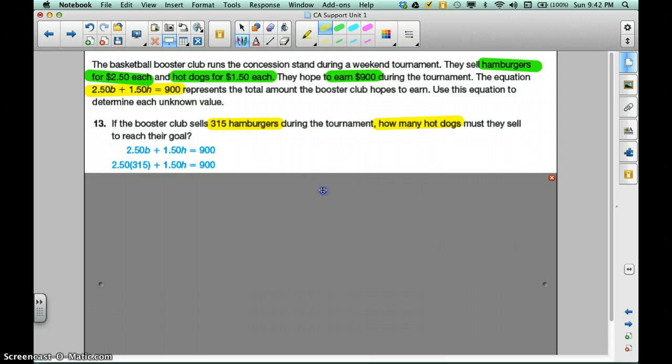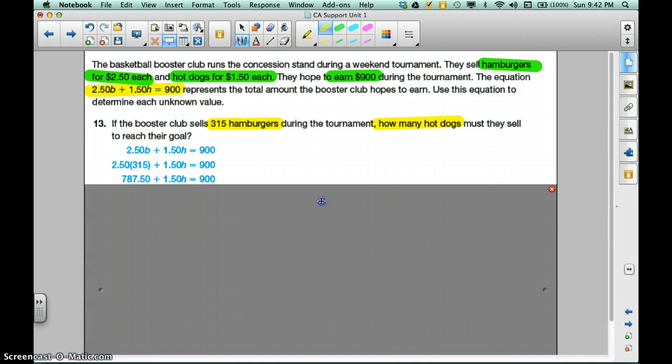Since we know the number of hamburgers, notice it gets plugged in right there, 315. When you do that, it gets multiplied because B was being multiplied to 2.50, and you end up with this equation, 787.50 plus $1.50 H is equal to 900.